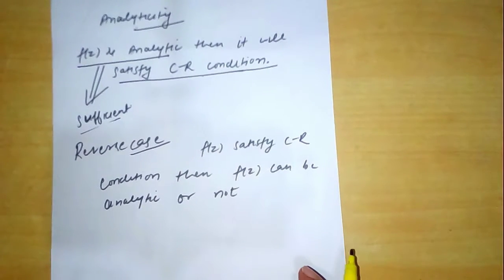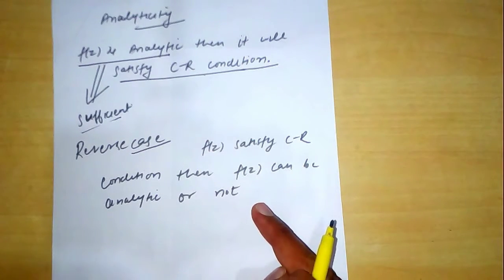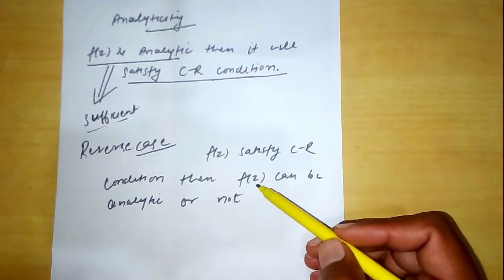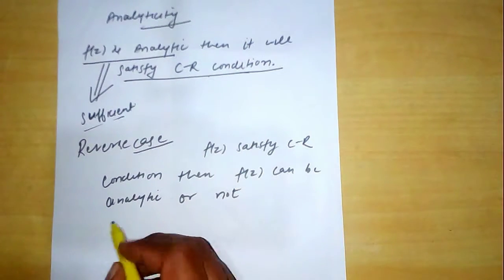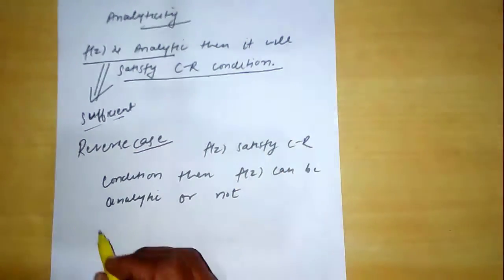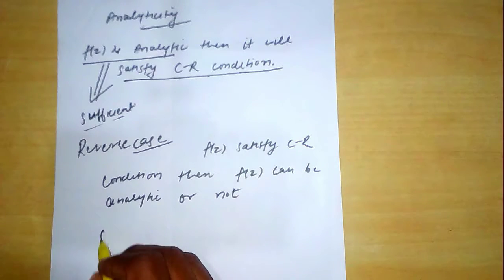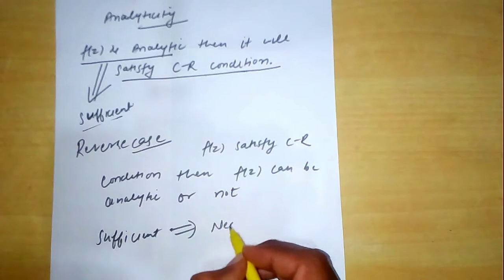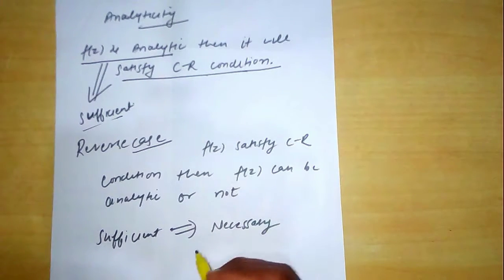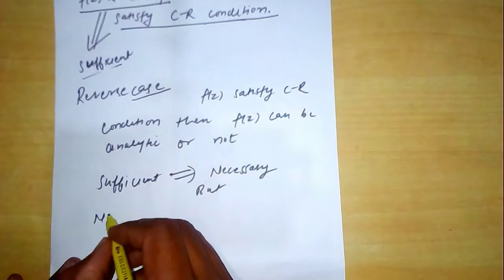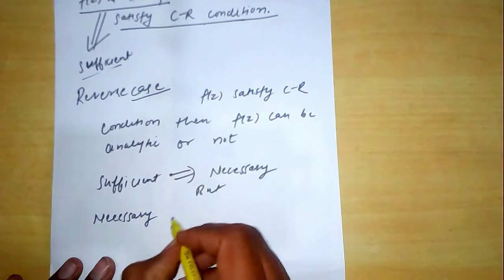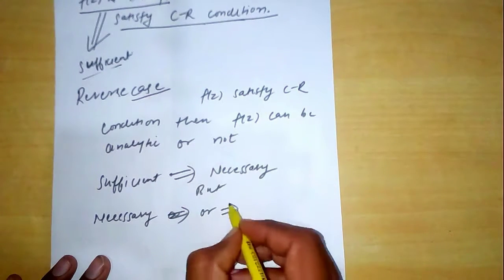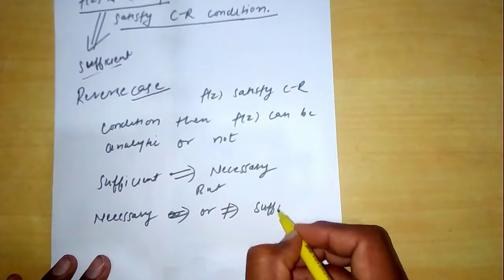So we can see here that if a necessary condition is satisfied, then that can imply or not imply the sufficient condition. What I am exactly trying to say is that sufficient will imply necessary, but necessary can imply or cannot imply sufficient.